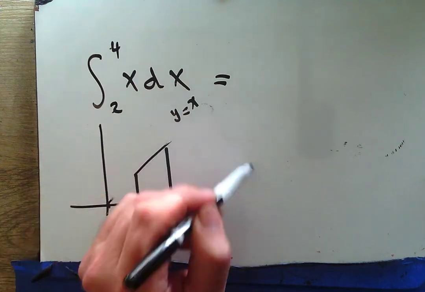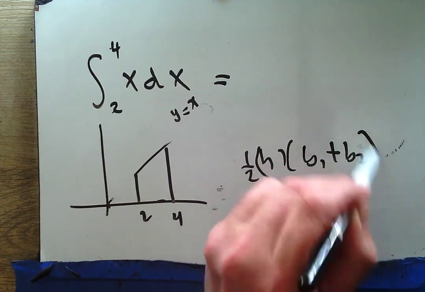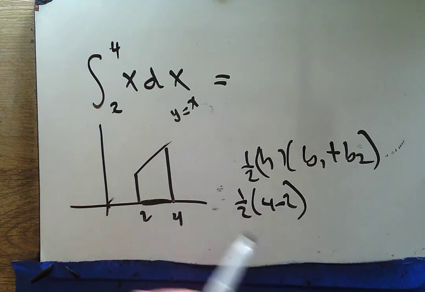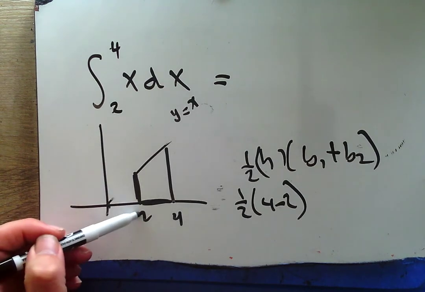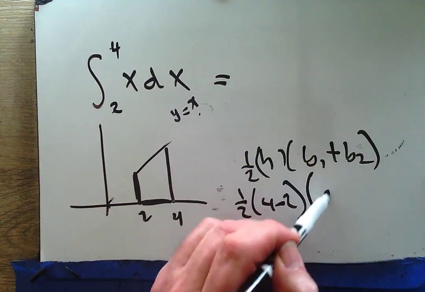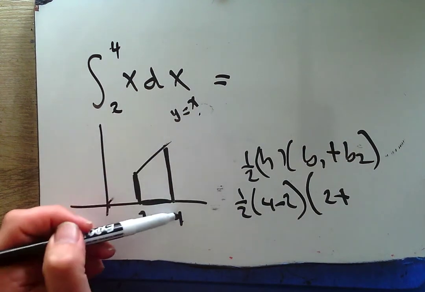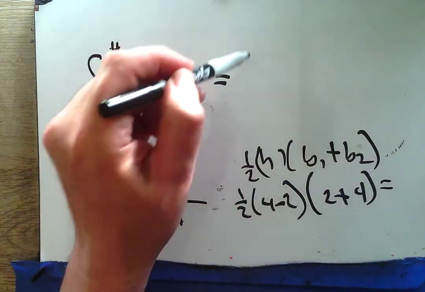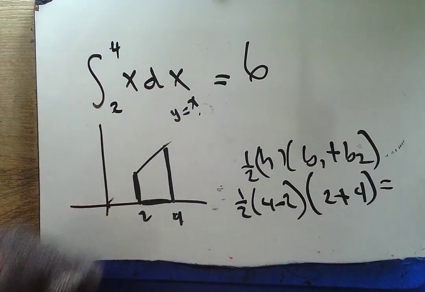Now, remember, the formula for area is 1/2 height times base 1 plus base 2. This is the height here, so that's going to be 4 minus 2. Base 1 is the y value when I plug a 2 into the function, so 2, and base 2, this length, is the y value I get when I plug a 4 into the function. So I end up with 6. 6 is the value of this integral. 6 times 2 times 1/2, which is 12 divided by 2, or 6.